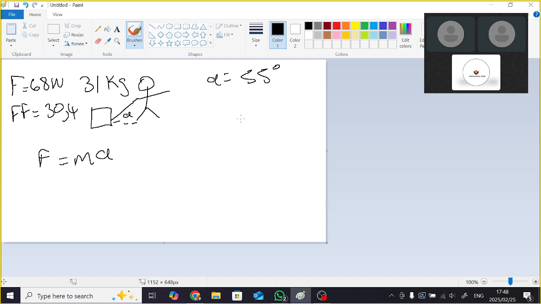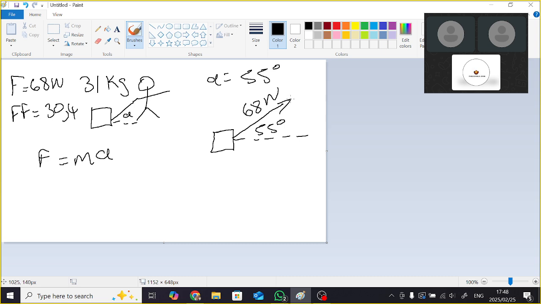Let's do a force diagram of the box, right? And let's draw one here quickly. So there's the box. So we have a force that's pulling it at 68 newtons, right? And this is at an angle 55 degrees, right?